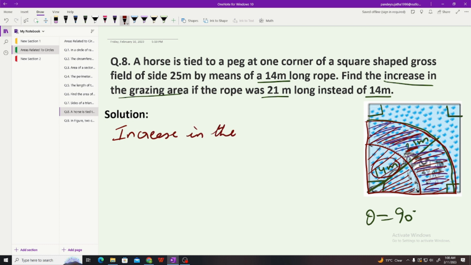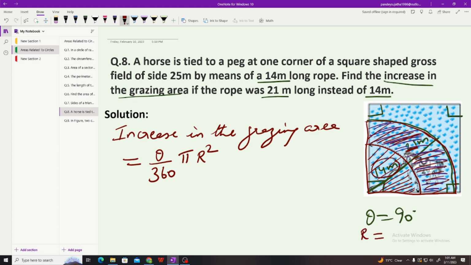Increase in the grazing area is equal to theta upon 360 pi R square. So I am taking this 21 meter as capital R, the radius, and this 14 as small r.